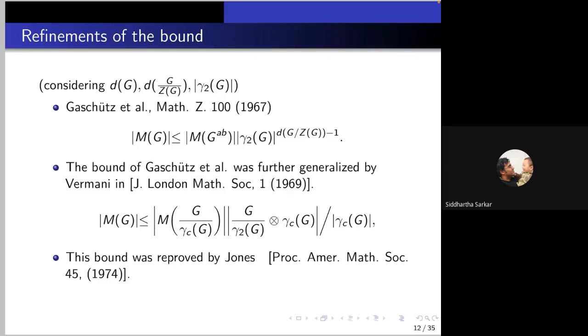So Gaschütz et al. in 1967 gave this bound, which says that the order of M(G) is less than or equal to the order of M(G^ab), that is, of the abelianization of G, times the order of gamma_2(G) to the power d(G/Z(G)) minus 1. As the Schur multiplier of abelian groups can be determined, one can use this theorem to obtain Green's bound, so this is more general. The bound of Gaschütz was further generalized by Vermani in 1969.